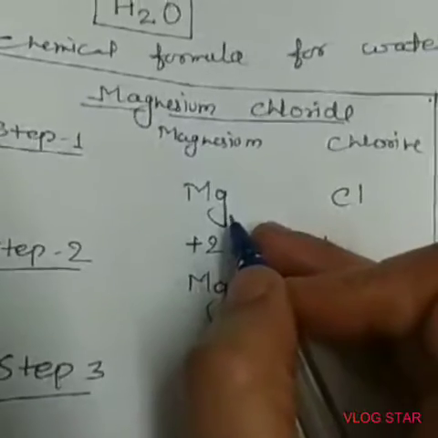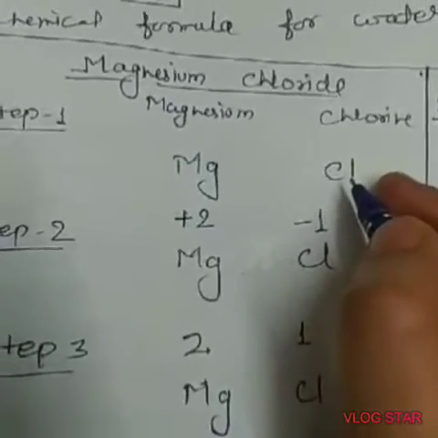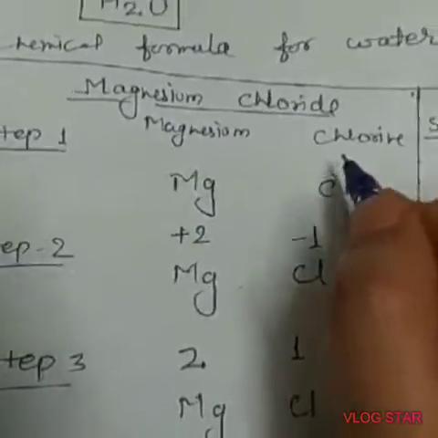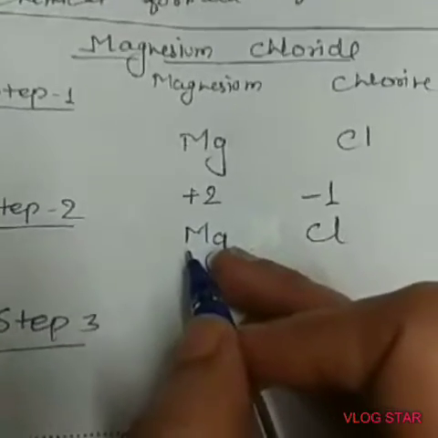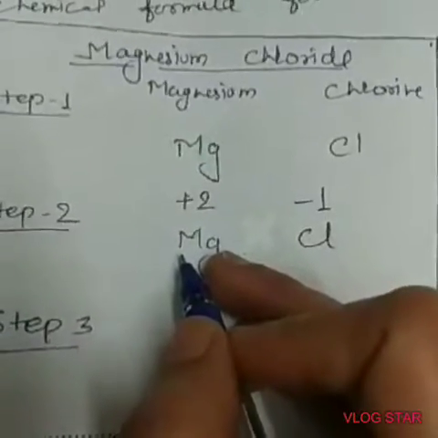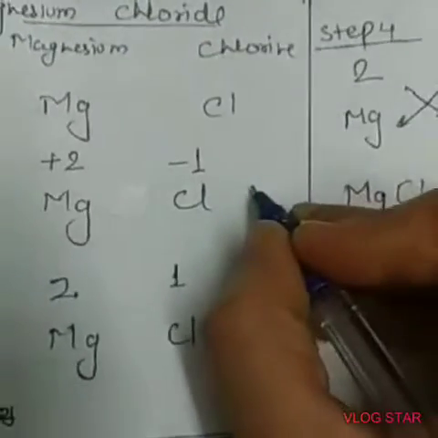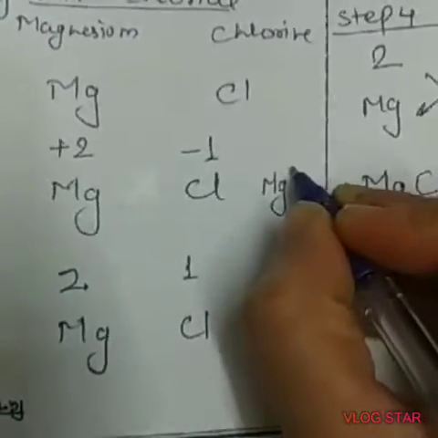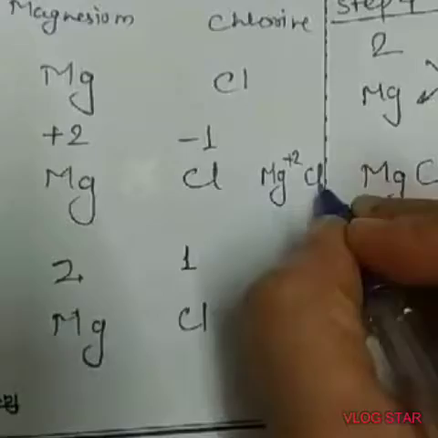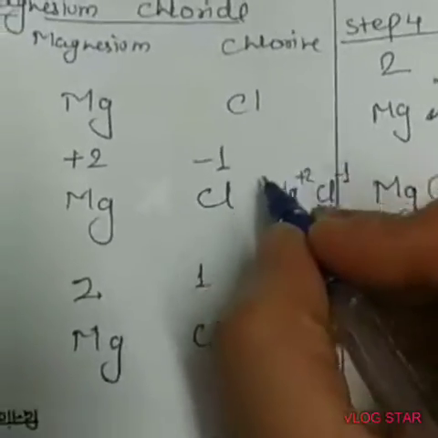Magnesium's symbol is Mg, and for chlorine, the symbol is Cl. In the second step, we have to write the valencies at the top of the element as a superscript, like Mg plus 2, Cl minus 1.